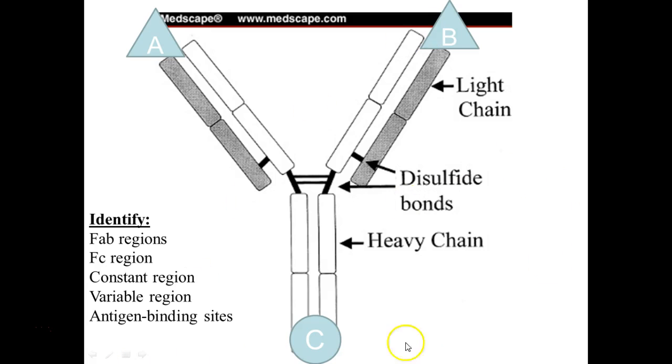The bottom portion here, denoted by C, was where products of the immune system, whether immune cells or complement like we talked about before, would interact with the antibody. Remember we talked about the complement system last time, and how the proteins would bind. This is the part of the antibody where they would bind, in this region here.